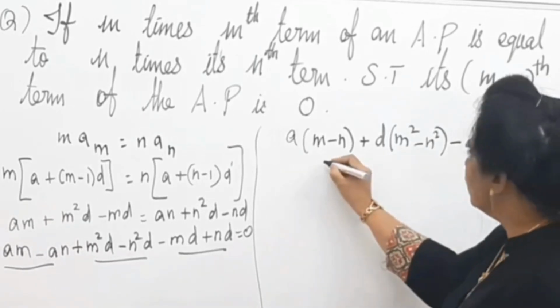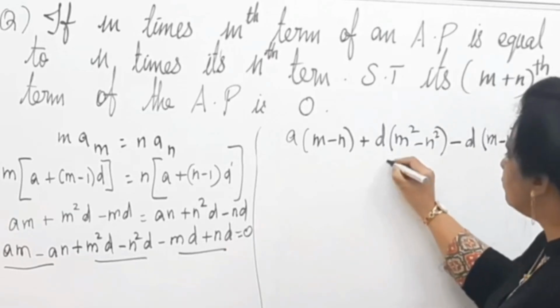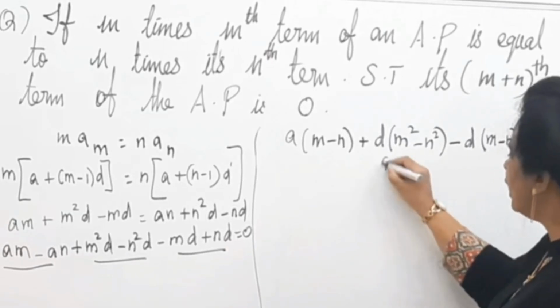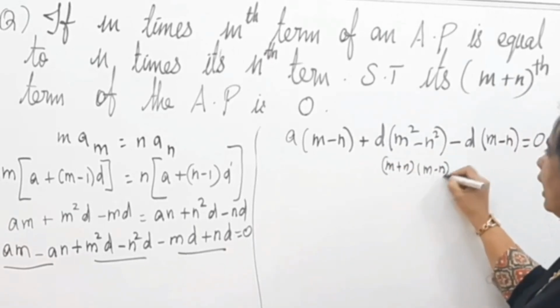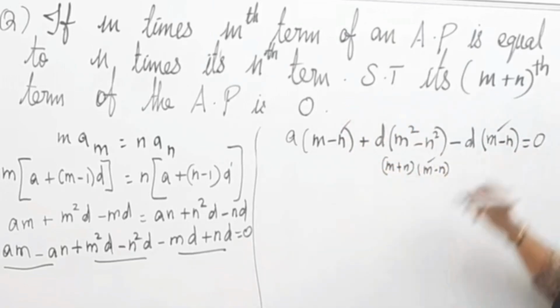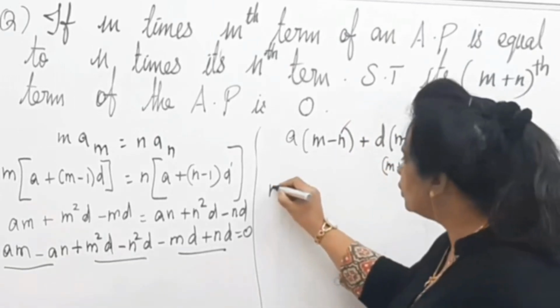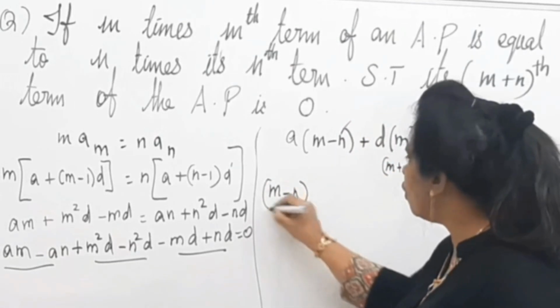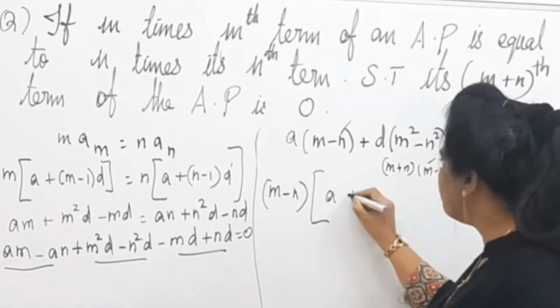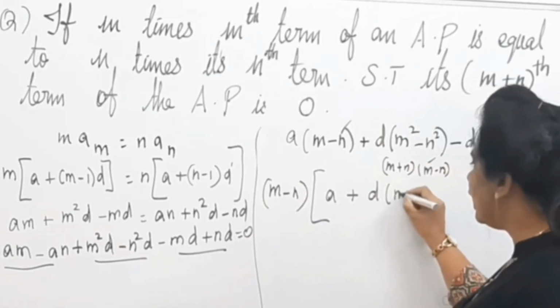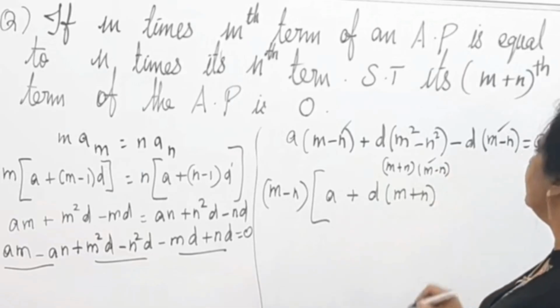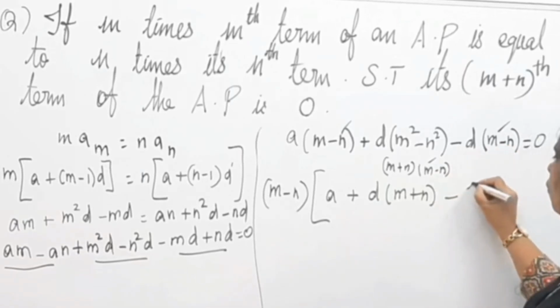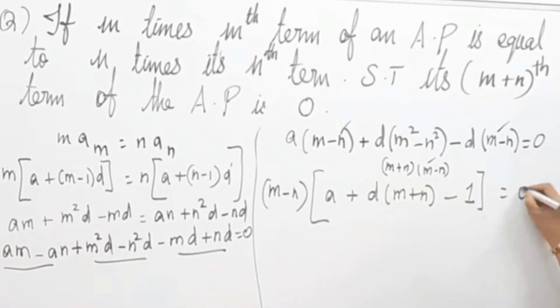Now, m² - n² can be written as (m + n)(m - n). So I have (m - n) common in all terms, take it out. I'm left with (m - n)[a + d(m + n) - d] = 0.